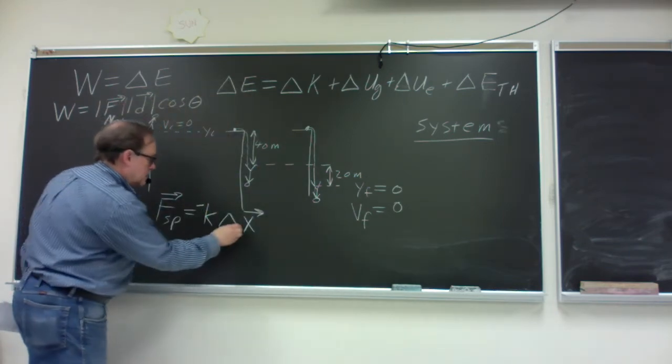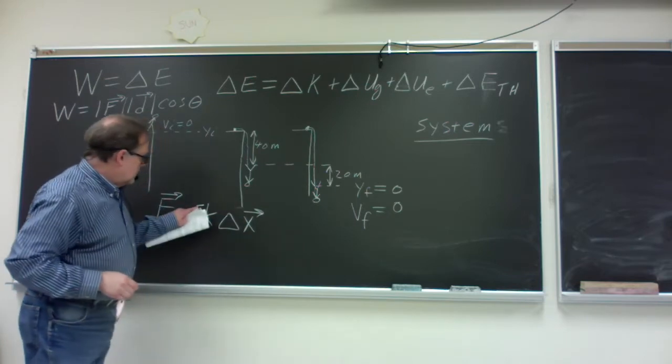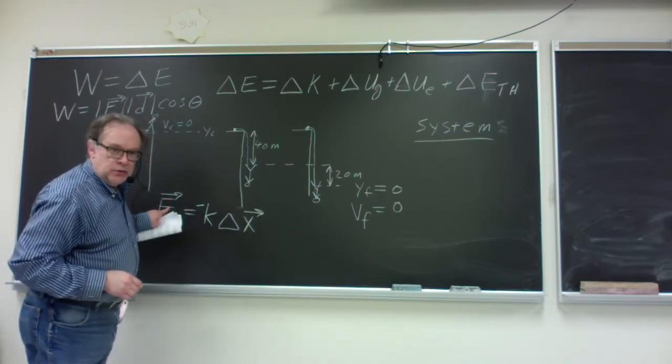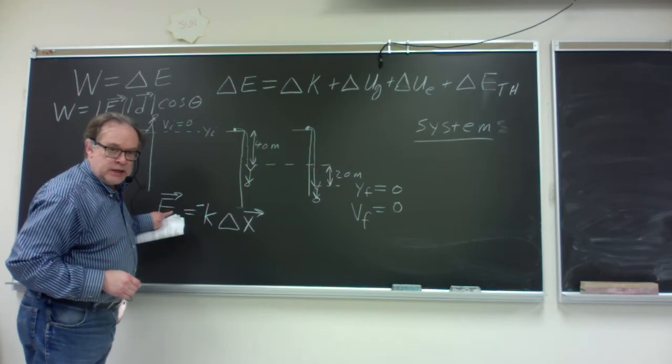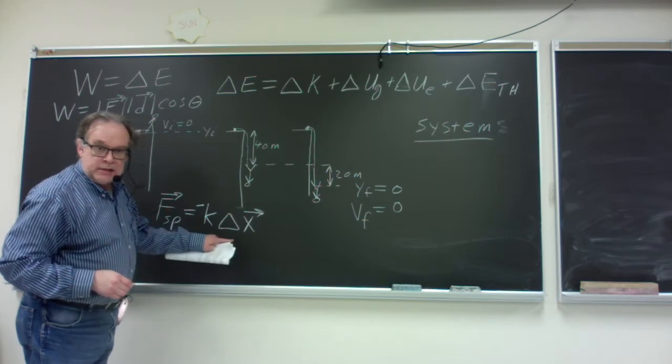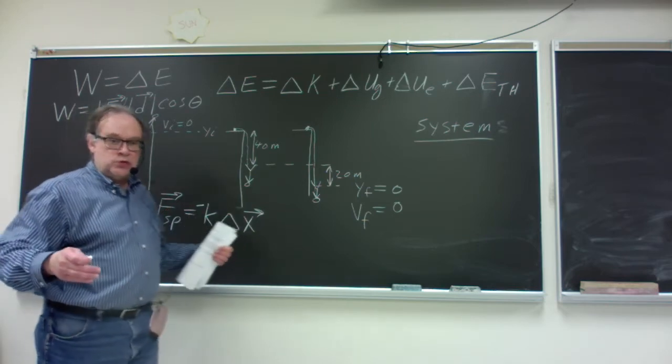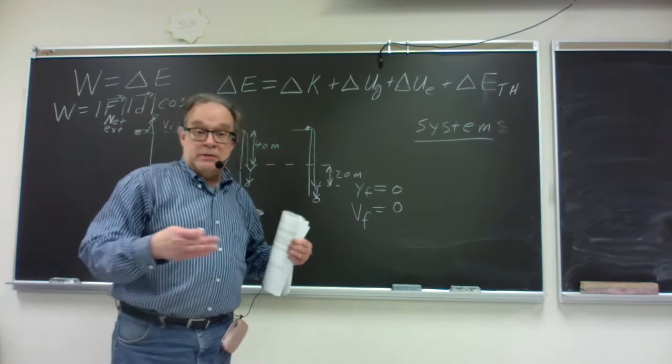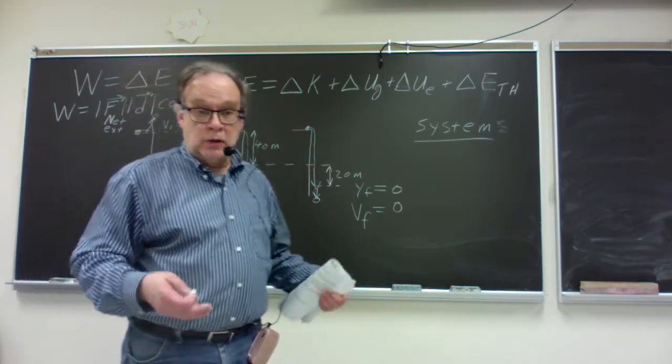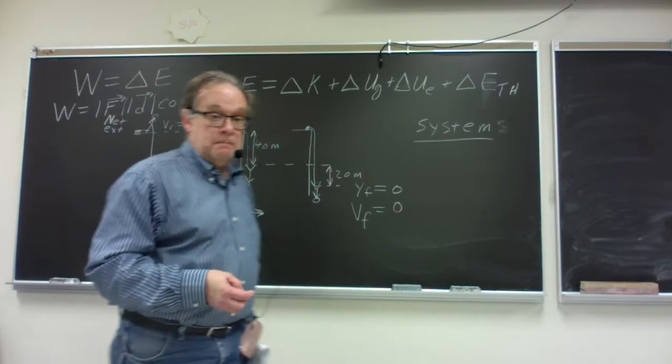And we put a minus sign here to indicate that the spring force always points opposite to that displacement, because the spring force is always trying to undo that displacement and make the spring snap back to its original undistorted shape.